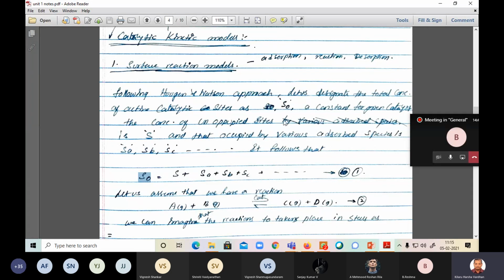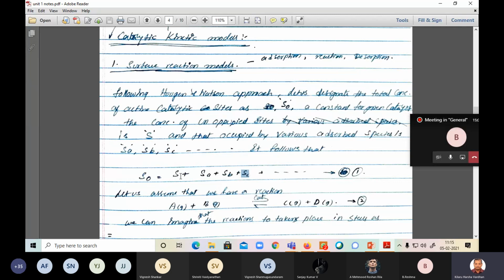So this S naught will be a combination of different things. One is S. S is nothing but the sites occupied by various species. So S is that volume or whatever it is that is occupied by various adsorbed species. The adsorbed species can be SA, SB, SC. That is, a gas is having a combination of A, B, C, right?